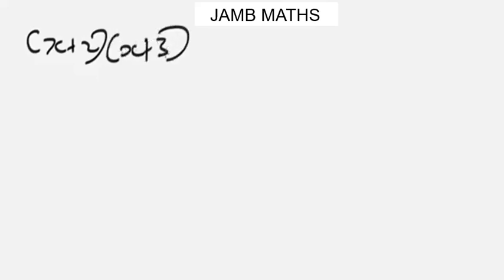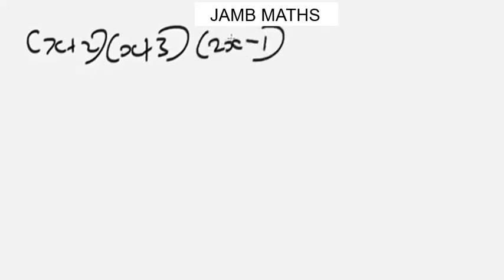Let's write this. Now for triple brackets, let's say we are given this algebraic expression. We have x plus 2, and we have x plus 3, and we also have 2x minus 1.